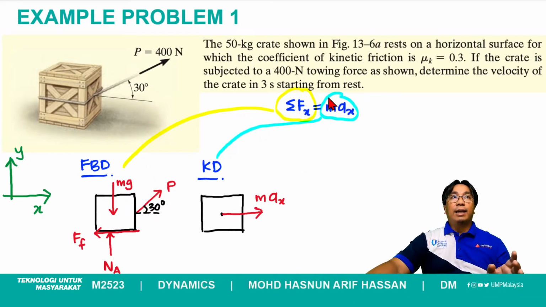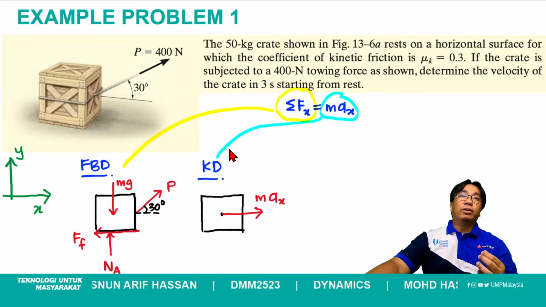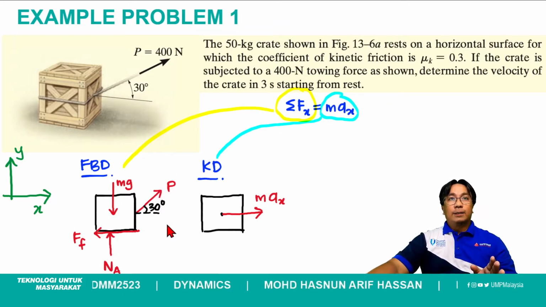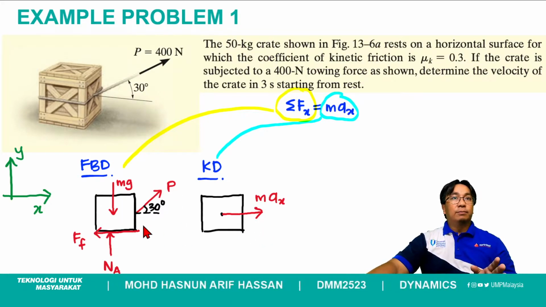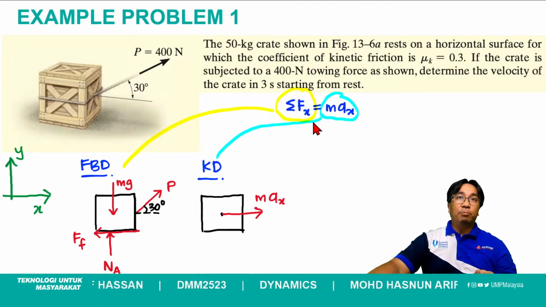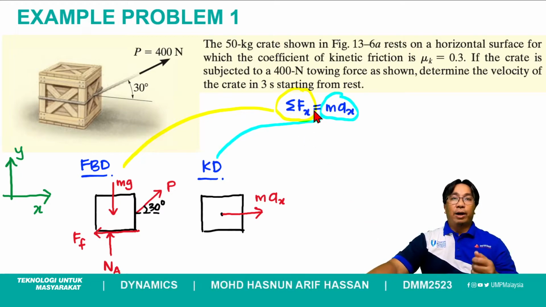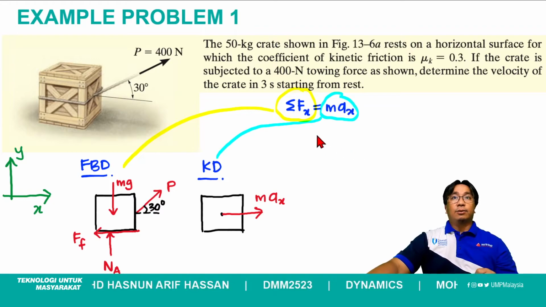The right-hand side of the equation, ma, you refer to the kinetic diagram. So this is why drawing these two diagrams is important. Drawing these two diagrams is very important because it will help you to write down the equation for the x and y axes. Okay, let's continue.